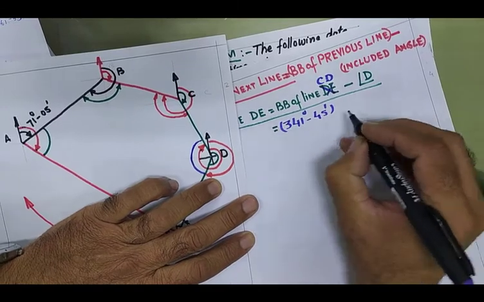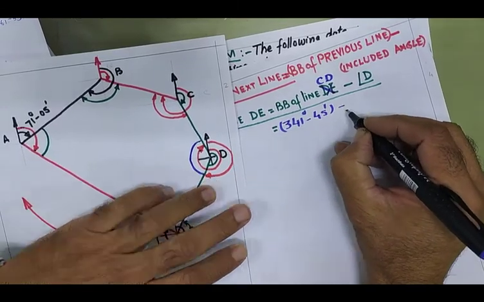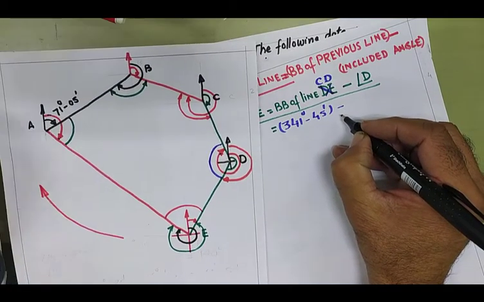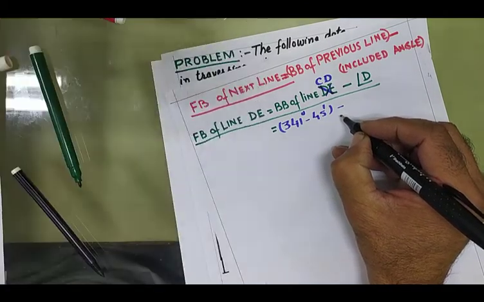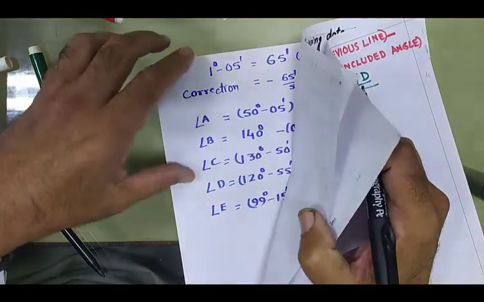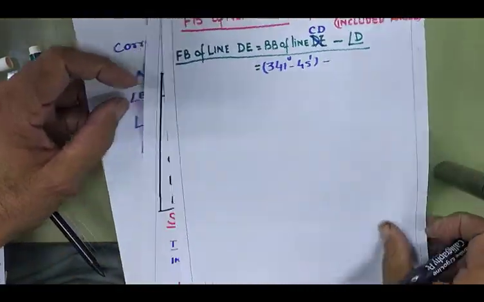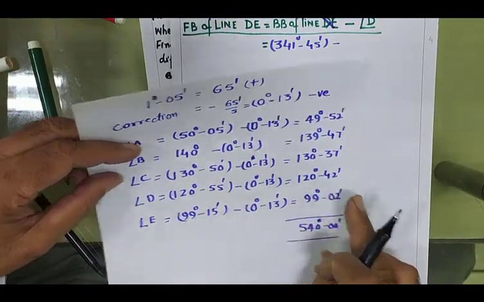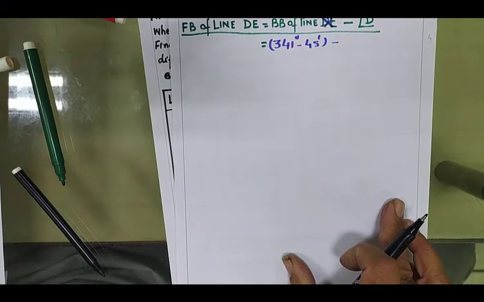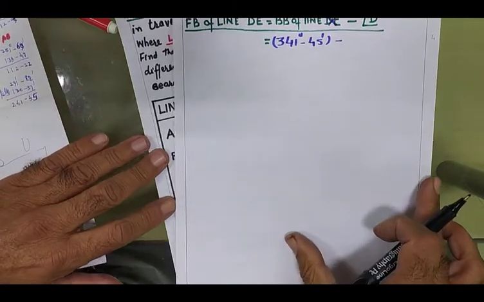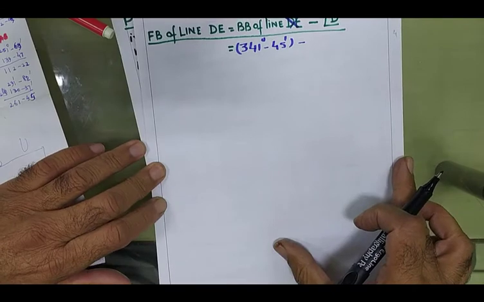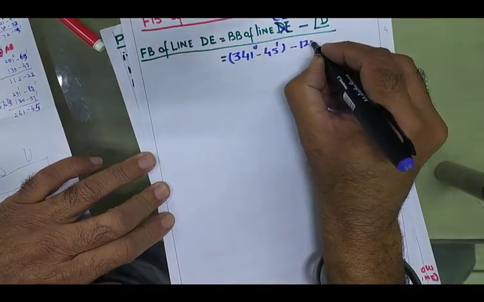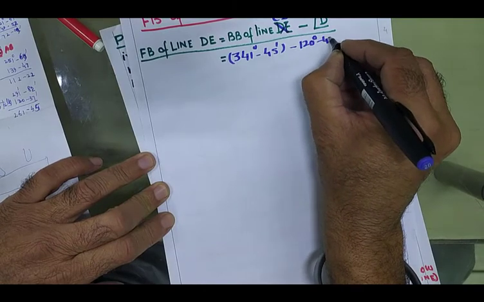Now you have to deduct the corrected value of the angle, which we have already calculated over here. You don't take the previous values. Here you have to deduct the corrected values of the angles. The corrected angle D is equal to 120 degree 42 minutes. So from here you deduct 120 degree 42 minutes.